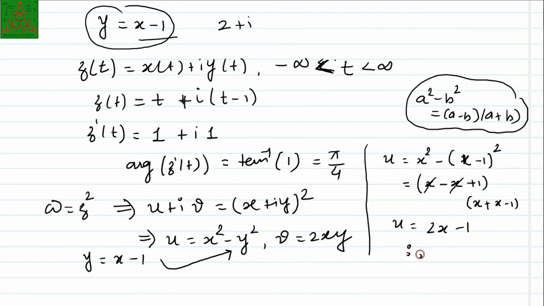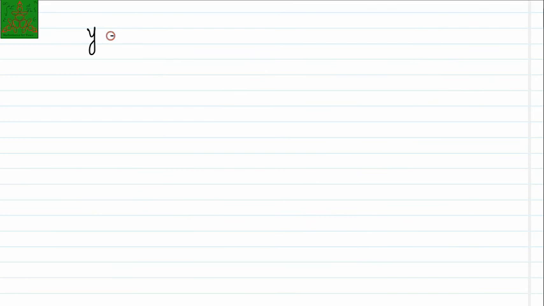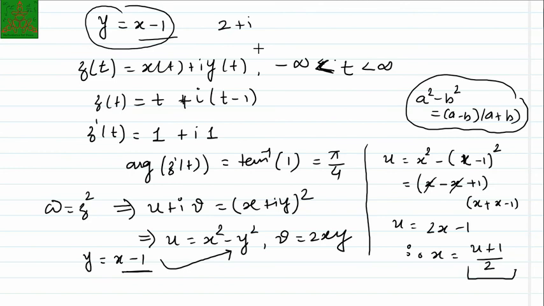So x will be (u plus 1) by 2. By putting the value of x into y equal to x minus 1, you will get the value of y.